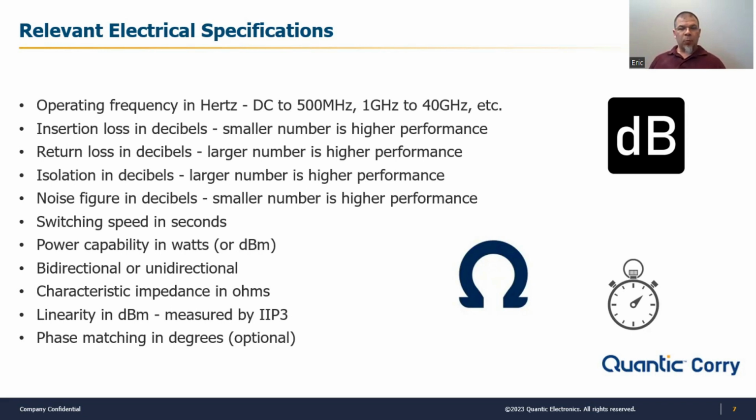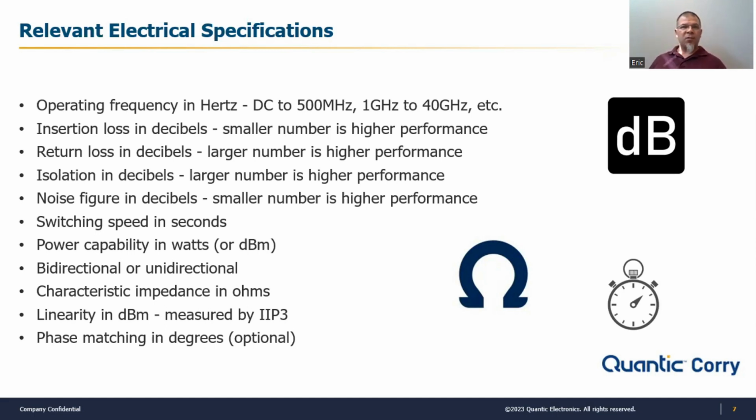And then whether the switch matrix is unidirectional or bidirectional, i.e. can the signal flow from the input to the output only, or from the output to the input as well? So can the signal flow both ways, which is obviously bidirectional. The characteristic impedance, usually 50 or 75 ohms, and our linearity specification.